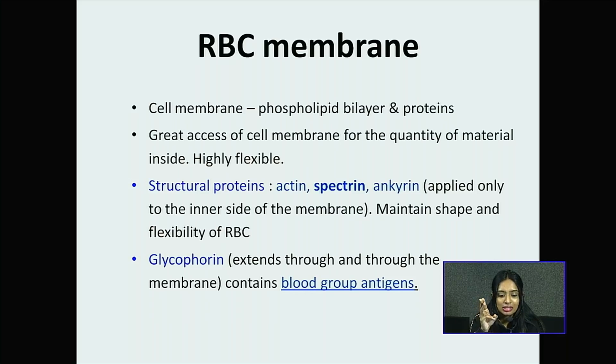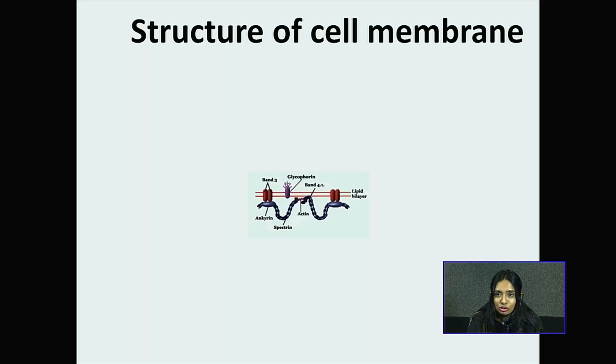Glycophorin extends through the membrane, unlike actin, spectrin, and ankyrin, and contains blood group antigens. Now, here comes the diagram. As you can see, ankyrin, spectrin, and actin are only present on the inner side of the membrane, and glycophorin extends through the membrane.